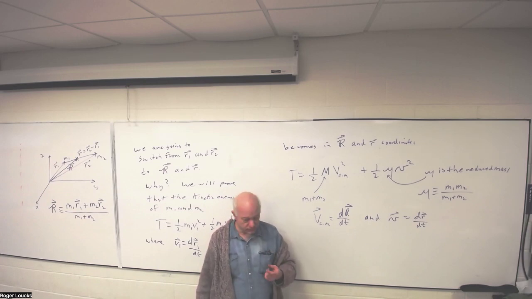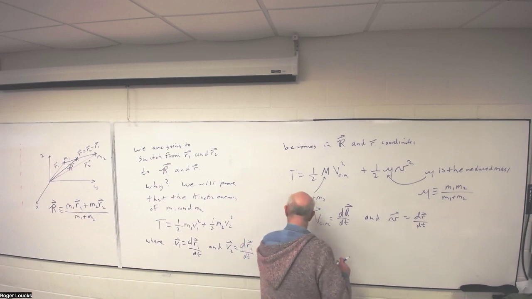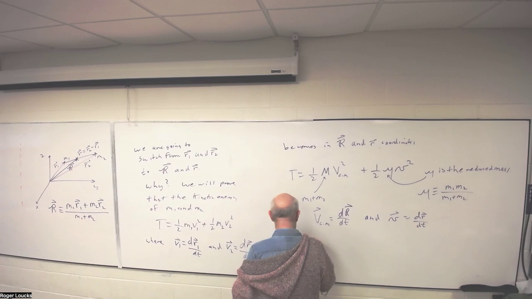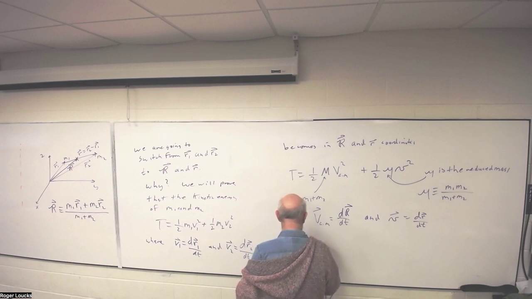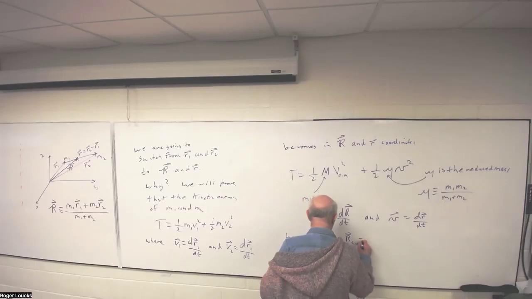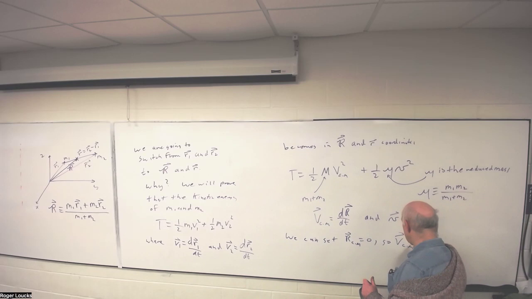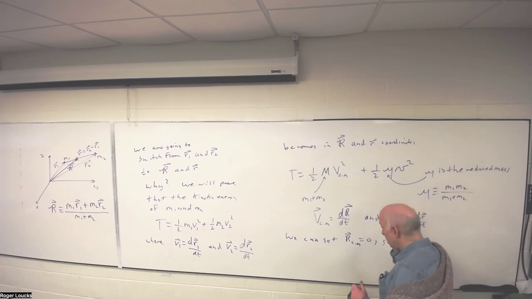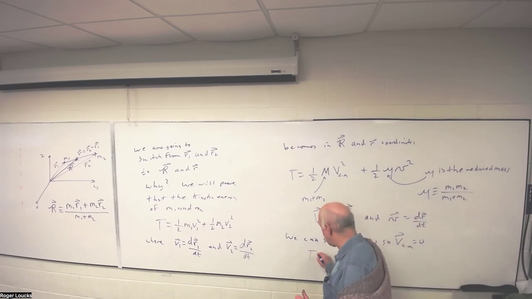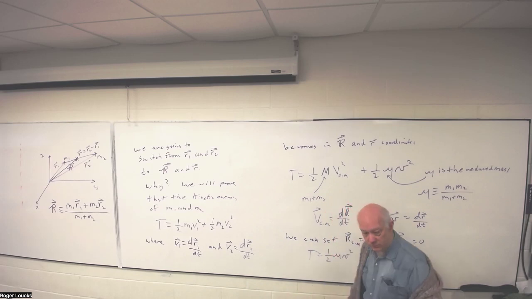So what we can do is set the center of mass here at 0. So your velocity here is 0, and the kinetic energy becomes just 1/2 mu V squared.